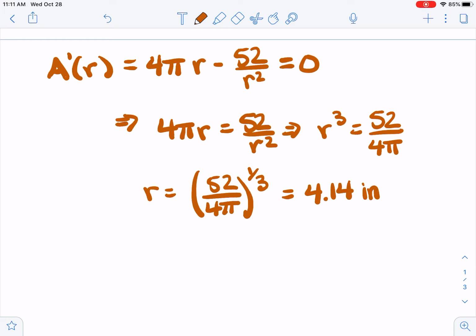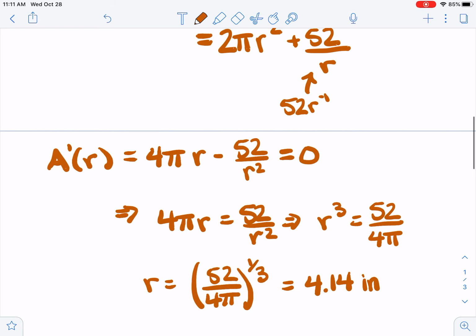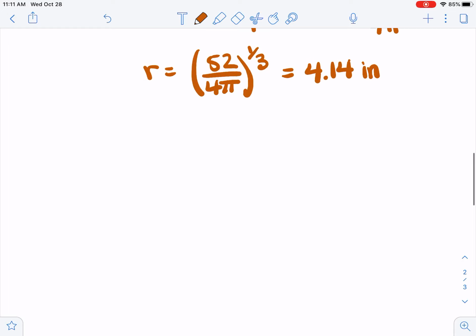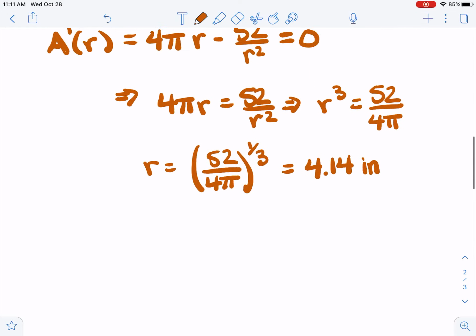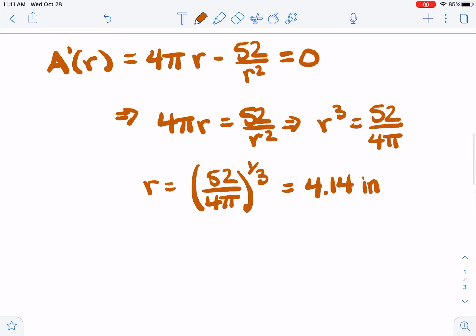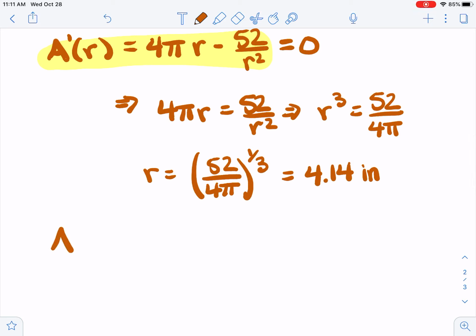Now we can determine whether this is a local max or a local min by using either the first derivative test or the second derivative test. I can pick something to the left of 4 inches and plug it into A prime to see the sign, to see if the function is increasing to that point or decreasing. Or we could use the second derivative test. If we use the second derivative test, A double prime is 4 pi plus 104 over r cubed.